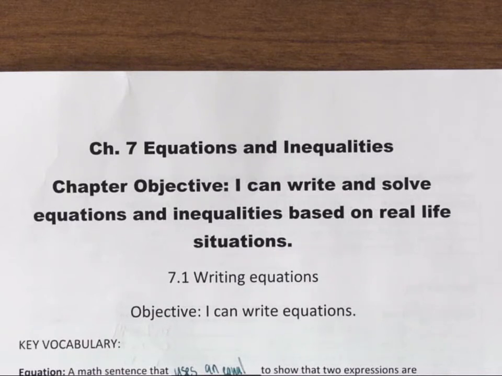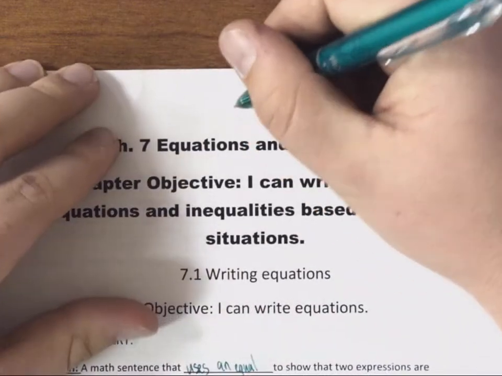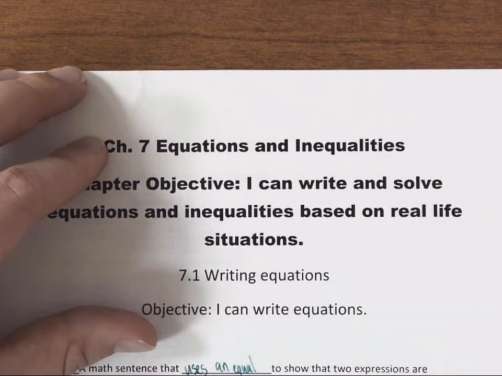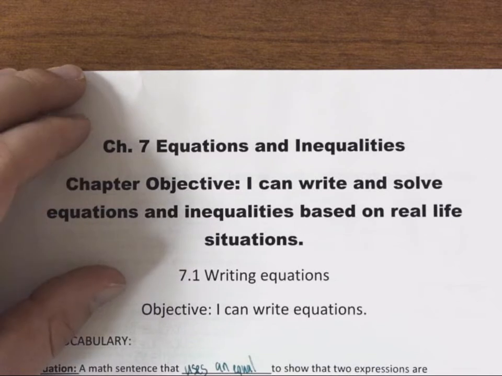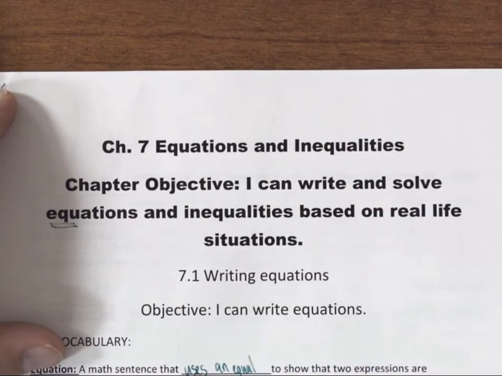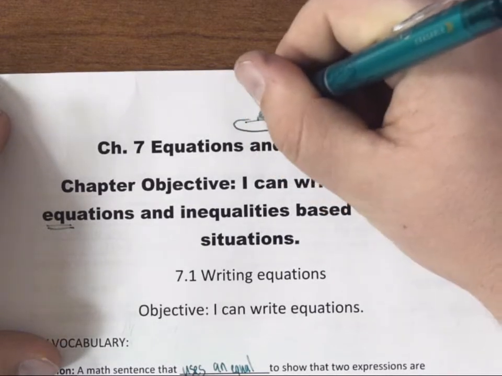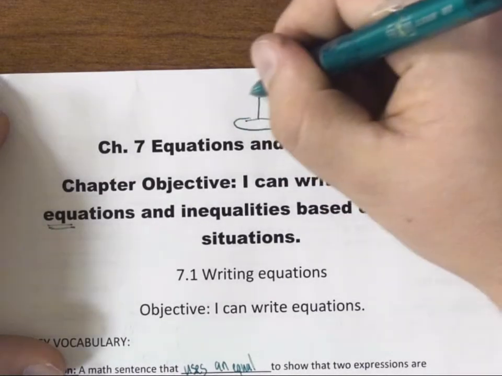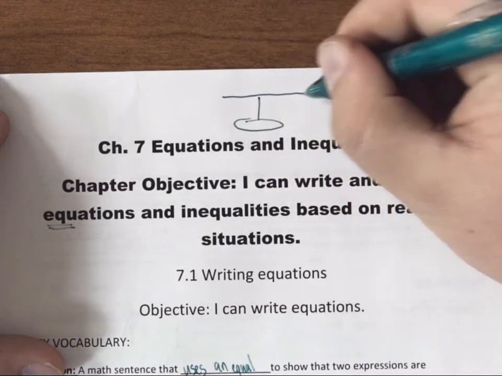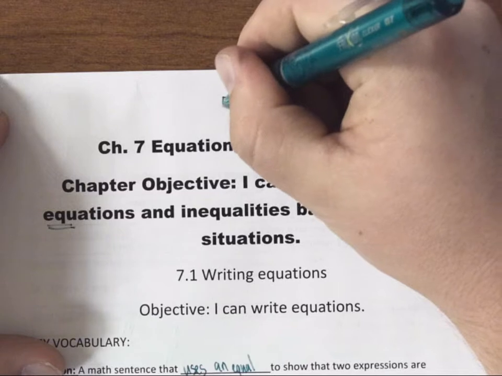So before we start talking about equations, first I want to help you to understand the concept of an equation. The root word of equation is equa, which means equal to or the same. Think about what a balance, or a scale, would look like. On a scale, you have two sides that you can put weight on.